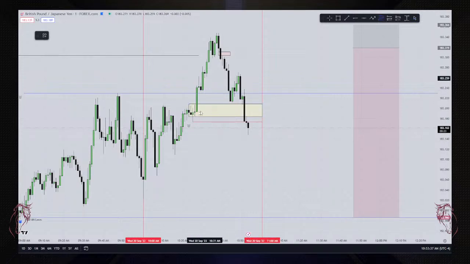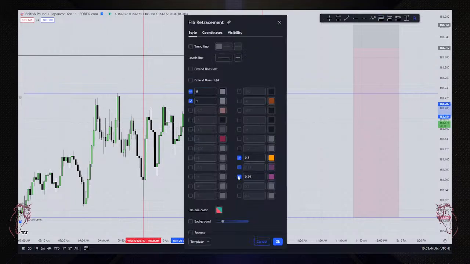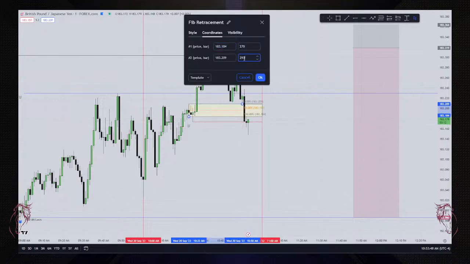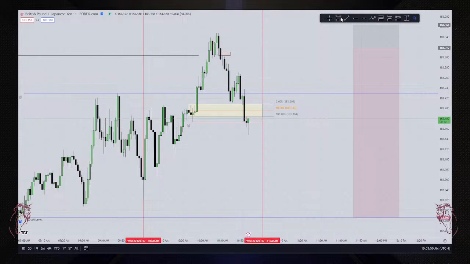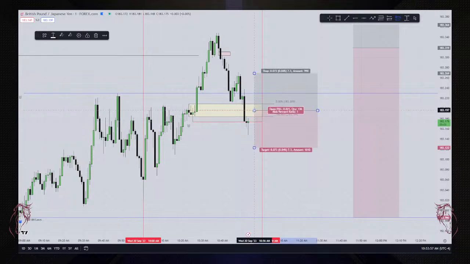So what I could do is measure the fib, high and the low, remove these levels, extend it. I could place a short entry right at the midpoint.